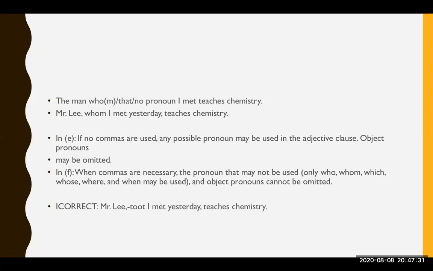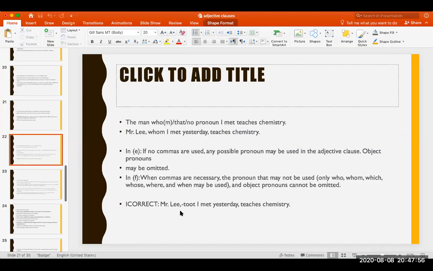If you say the man teaches chemistry, everybody is going to say, what man? And then you have to say, the man who I met, or something. But when you use a proper noun like Mr. Lee teaches chemistry, Mr. Lee whom I met yesterday teaches chemistry. It's wrong to say it without commas. Okay.